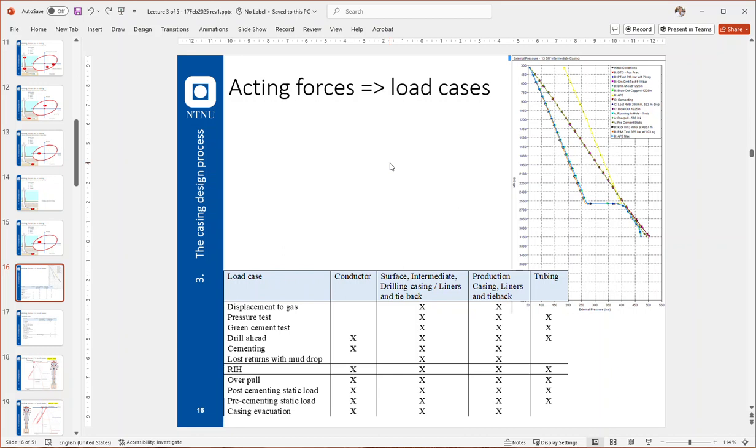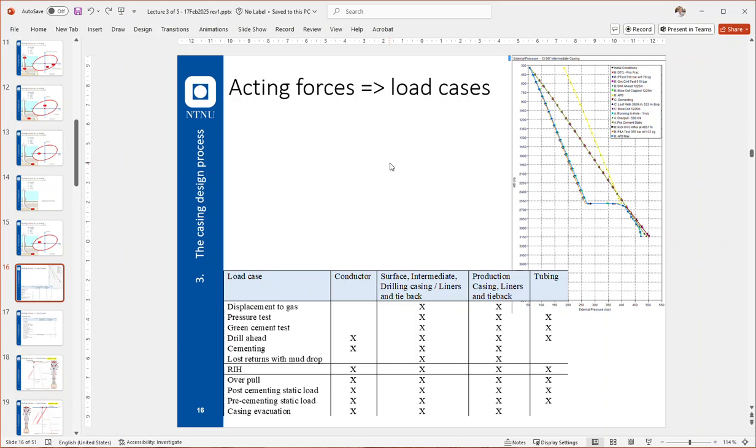And of course, that is in regards to casing design and the philosophy that we're using in casing design. It is so slow, the permeability, that from a well integrity perspective we say that it is impermeable.